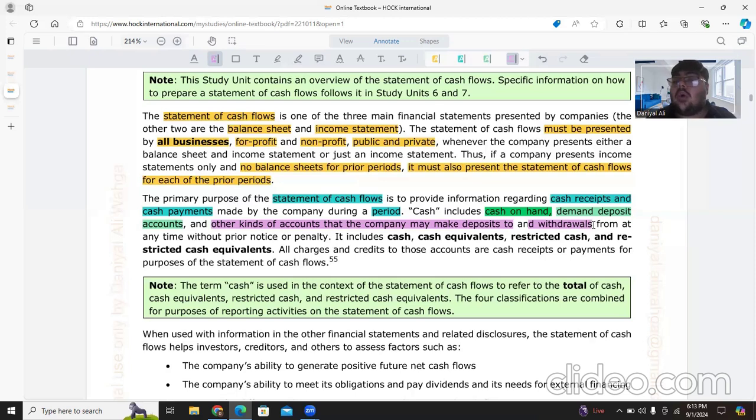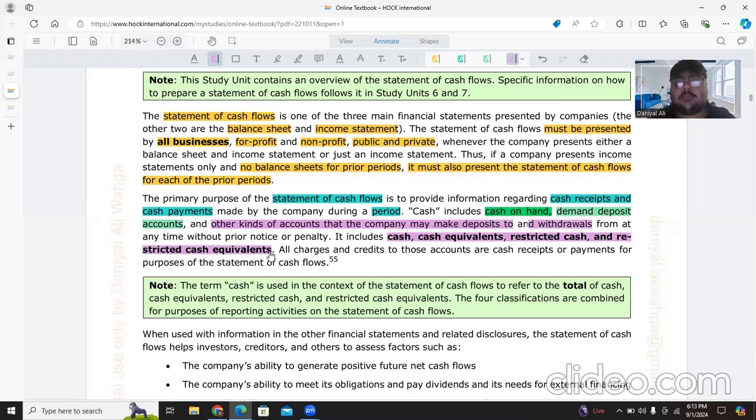This is called your cash. It further includes cash balances, cash and cash equivalents, restricted cash, and restricted cash and cash equivalents. These are kinds of cash which you are required to show in your financials.